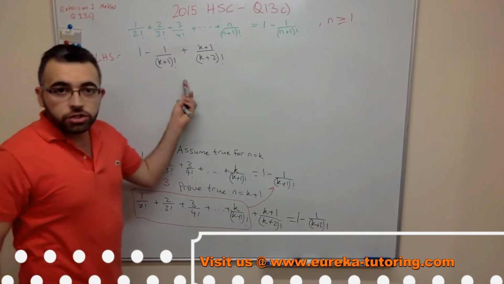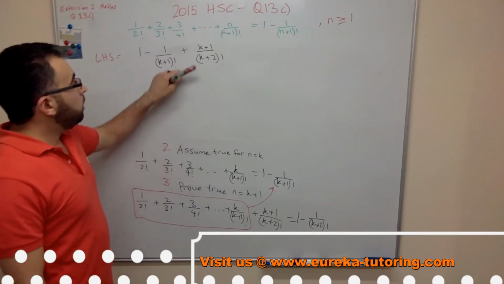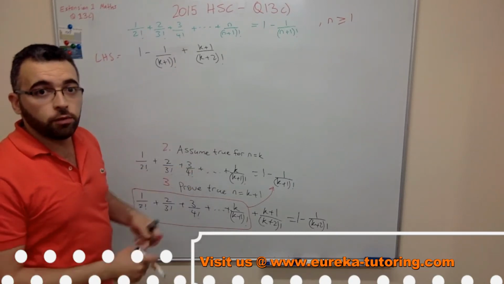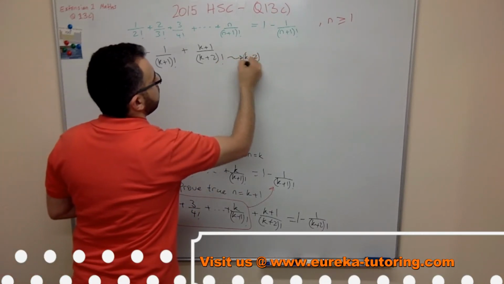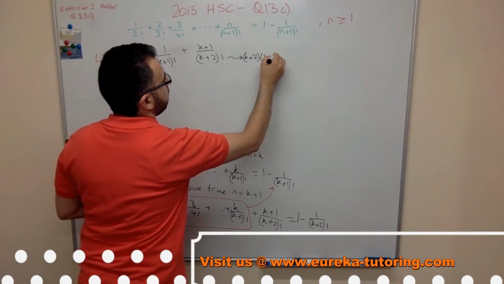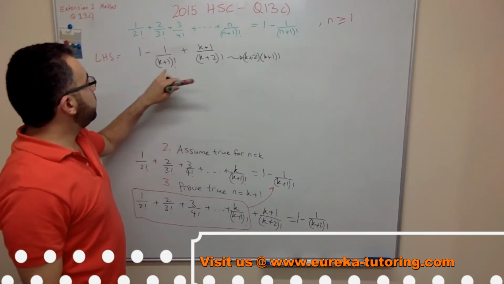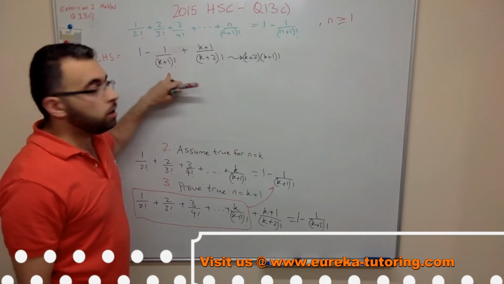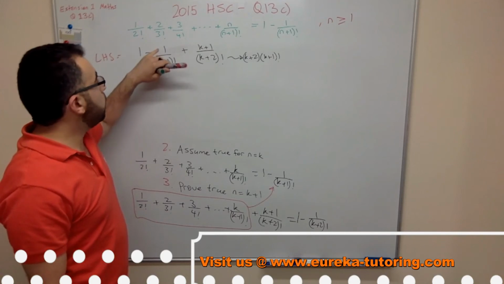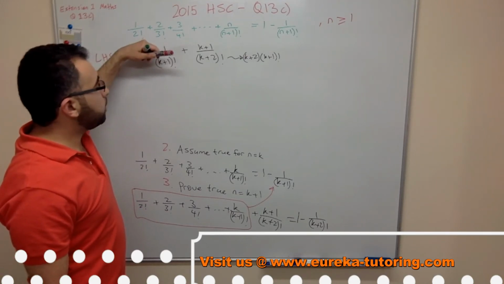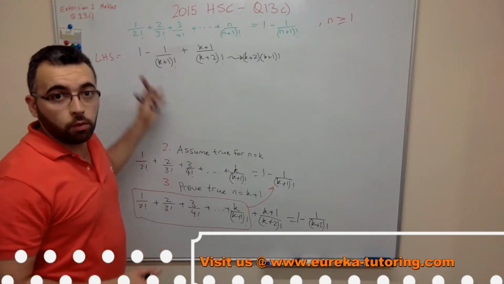Okay, now with fractions we need a common denominator so we can add or subtract the numerators. Now (k plus 2) factorial is just another way of writing (k plus 2) times (k plus 1) factorial, if you remember from the beginning of the video. Now this is missing a (k plus 2), and this is also missing a (k plus 2)(k plus 1) factorial. So we'll times the numerator by (k plus 2) and the denominator by (k plus 2), similarly with number 1.